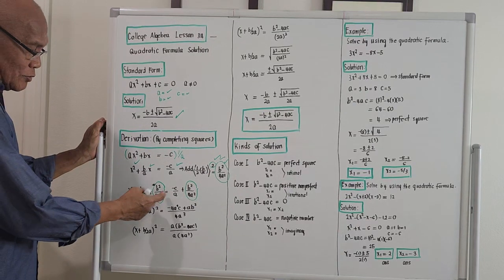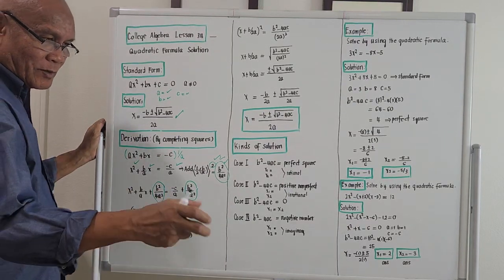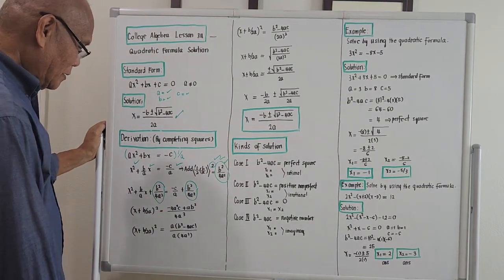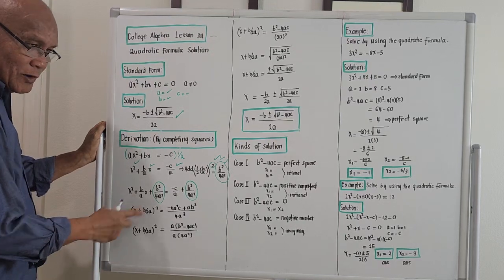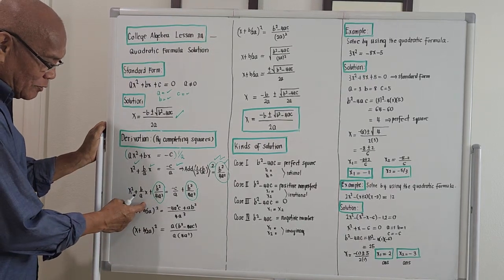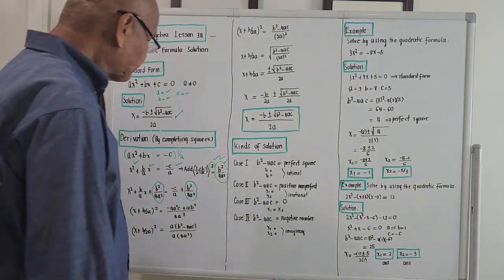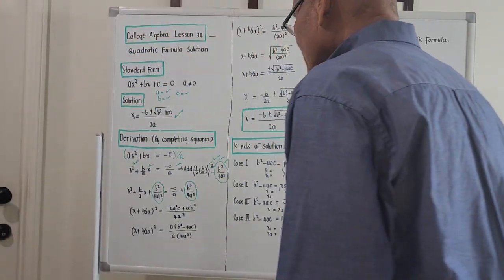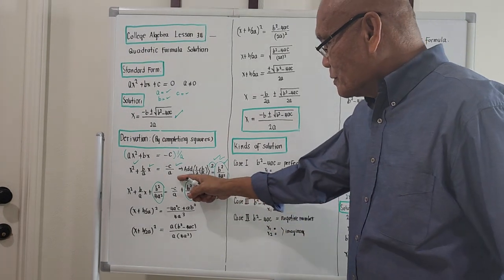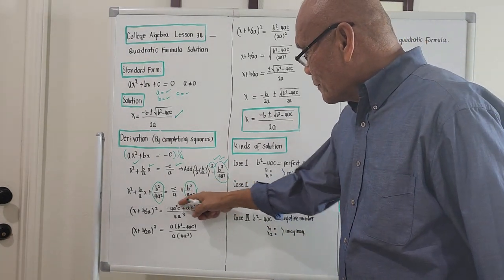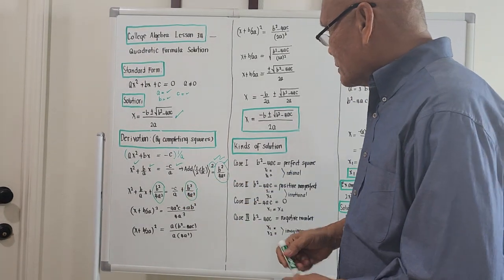After the addition of this one, like what I said in my previous discussion, it will now be factorable to the binomial x plus b over 2a quantity squared. And for the right hand side, there is a problem. We are adding two fractions with different denominators.